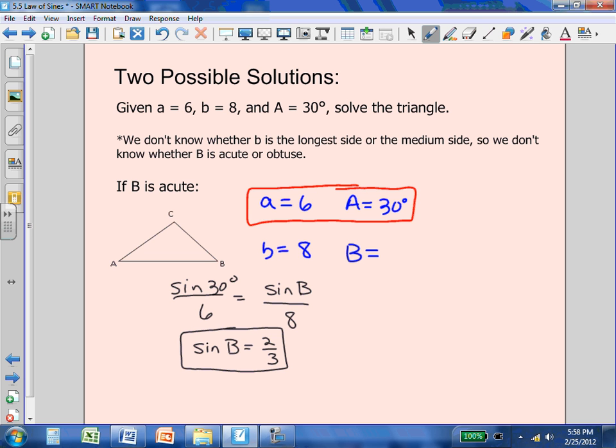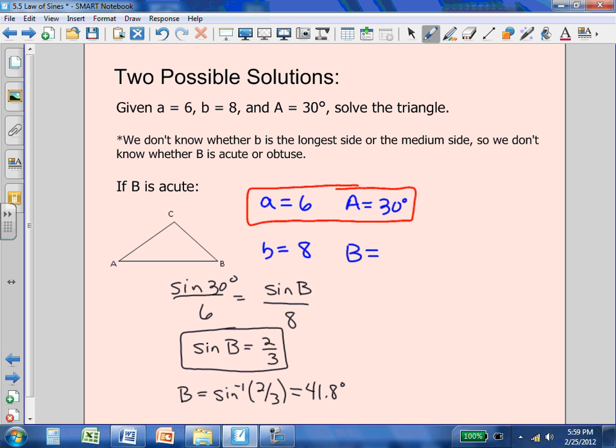Now here's where the big thing is going to happen. And we're going to start out the next problem exactly the same way. But we're going to go the track that our calculator takes us this time. And when we say that angle B is the inverse sine of that decimal that you had before, 2/3, our calculator will tell us that it is about 41.8 degrees. All well and good.